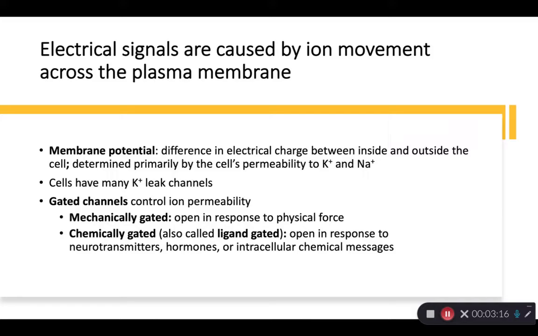For example, if you eat something with chili peppers in it, there's a chemical called capsaicin that can activate neurons that are sensitive to it and cause ion channels to open, and that's what sends the sensation to your brain that causes you to feel that spiciness.